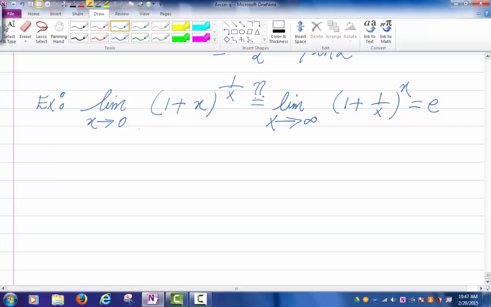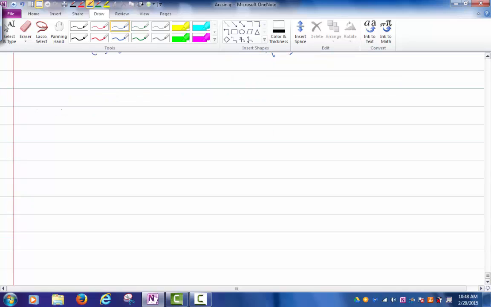But I'm going to show you why the limit as x goes to 0 is equal to e. Okay. Is everybody okay? So let me show you in the next few minutes what the limit as x goes to 0 of (1 plus x) to the 1 over x is. Right? That's what I want to come up with.